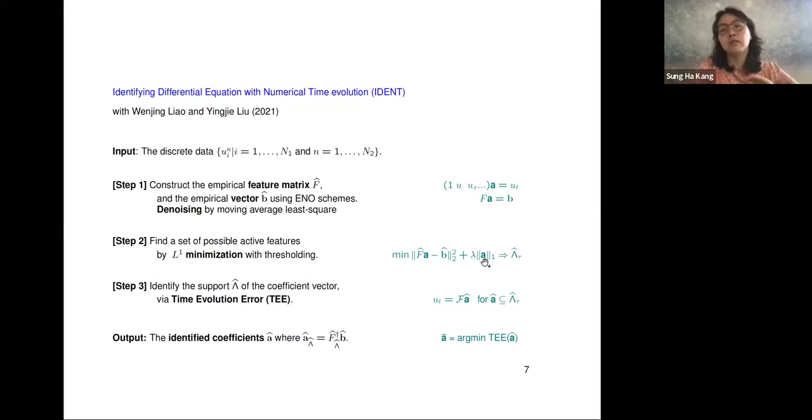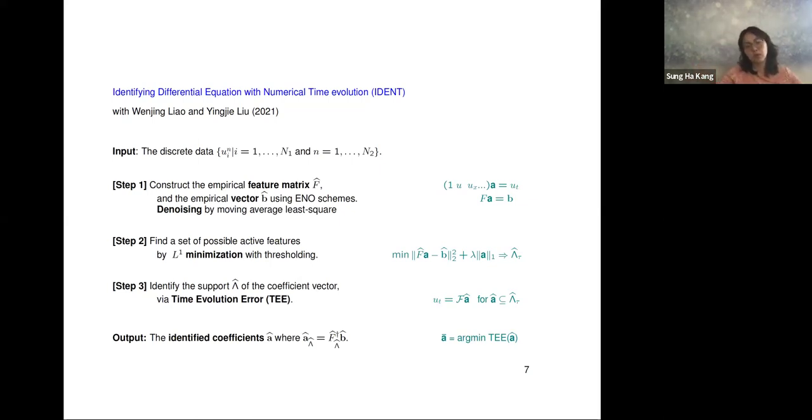We did L1, we did lasso also. But when you do lasso, there is a lambda dependence. In order to choose a lambda, there's some machine learning technique to find this lambda and so on and so forth. So it is not perfect by itself. So for the first work, we added a time evolution error to actually help us find it.